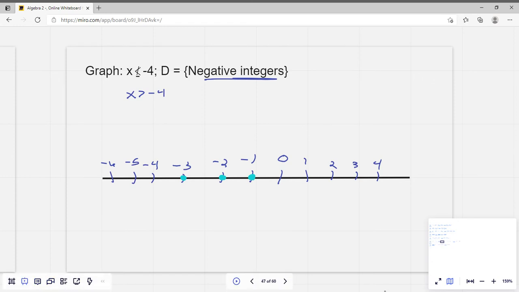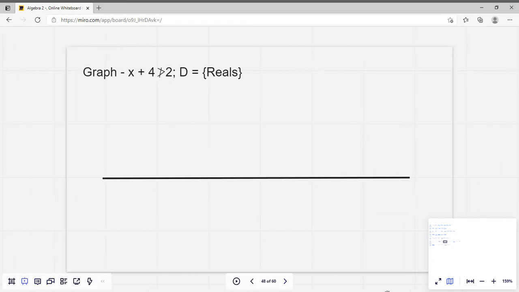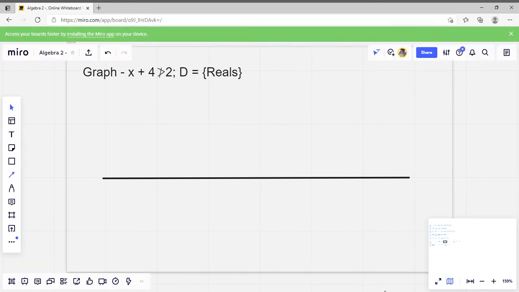All right, let's try another one. Graph -x plus 4 is not greater than 2, and these are going to be our real numbers. Okay, so for that one, we've got to isolate that variable first.